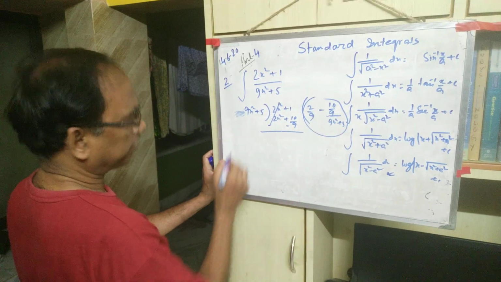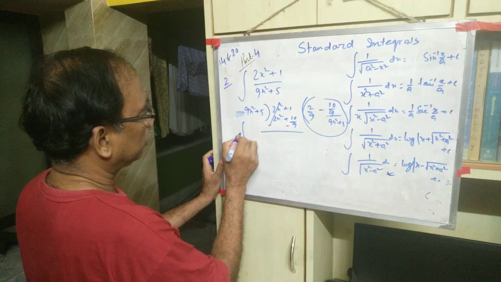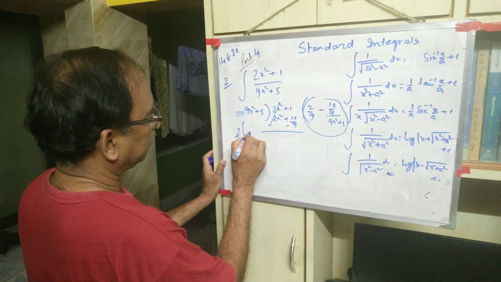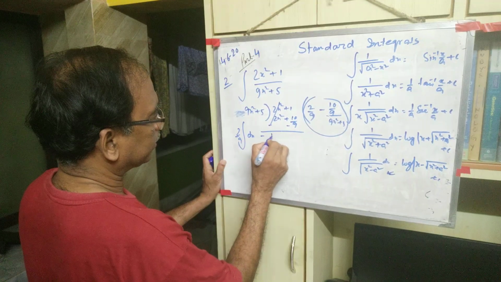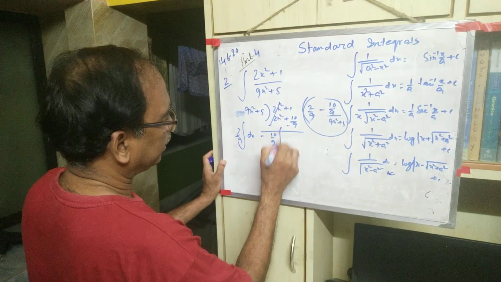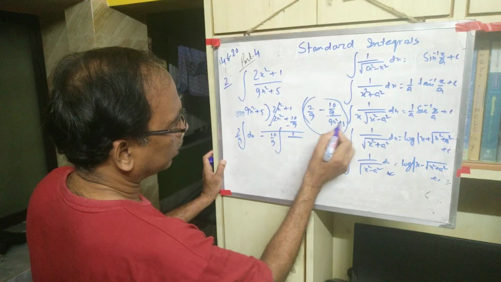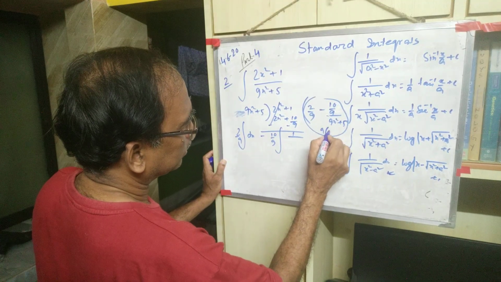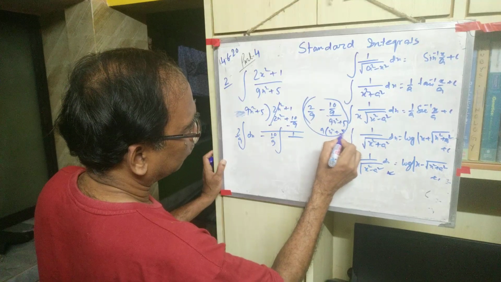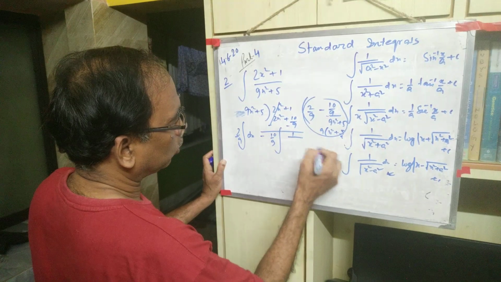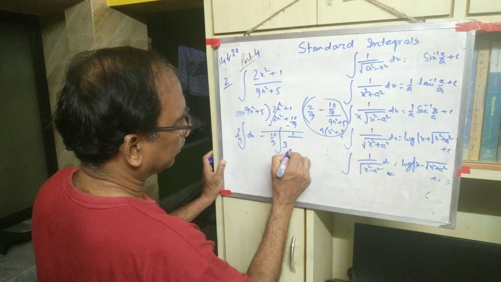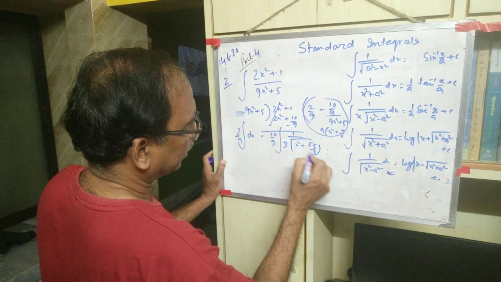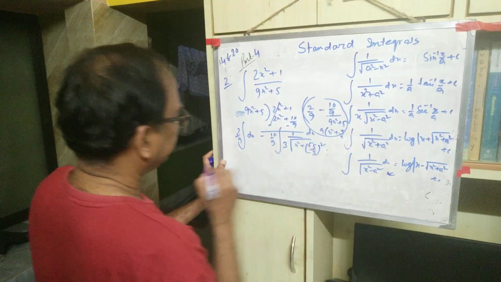So we have to take integration 2 by 9 dx minus 10 by 9 integration 1 by 9x square plus 5. There should be 9 common, that is x square plus 5 by 9. So square root of 9 will go outside, that is 3. Root over x square plus root 5 by 3 whole square dx.